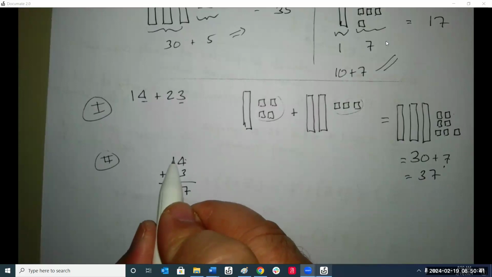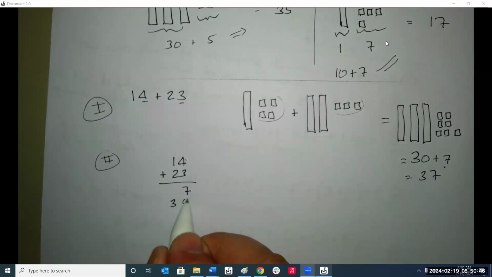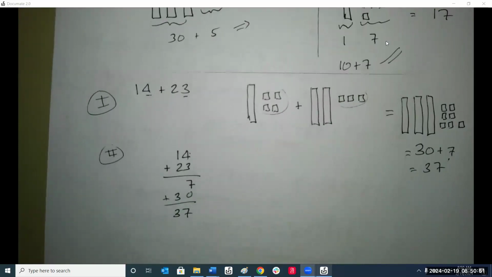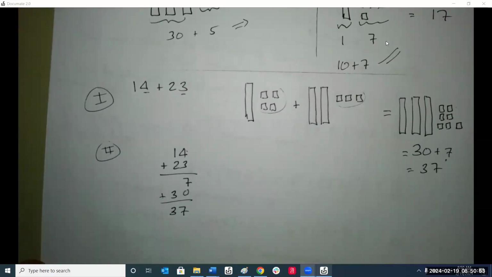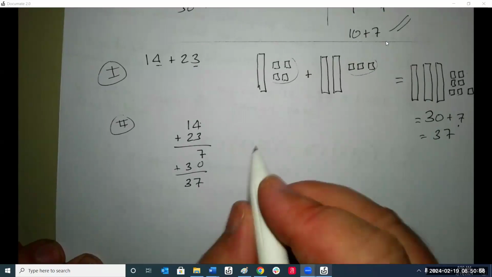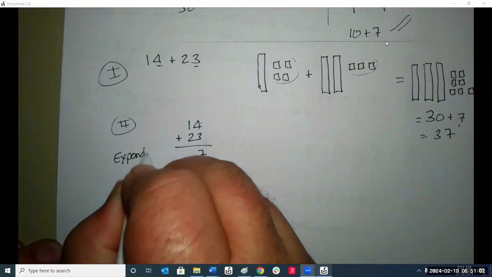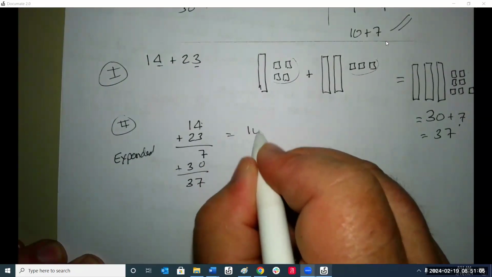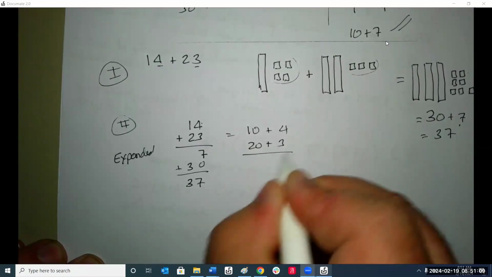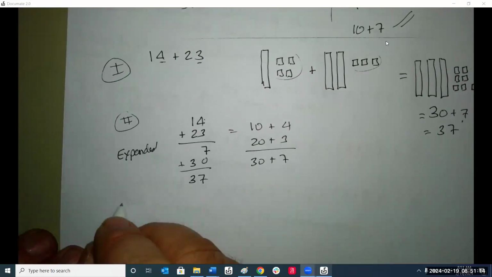And these are the 10s: 10 plus 20 is 30 with a 0 behind it. Add those together, we get 37. This is the expanded method. The expanded method says 10 plus 4, 20 plus 3, 30 plus 7.